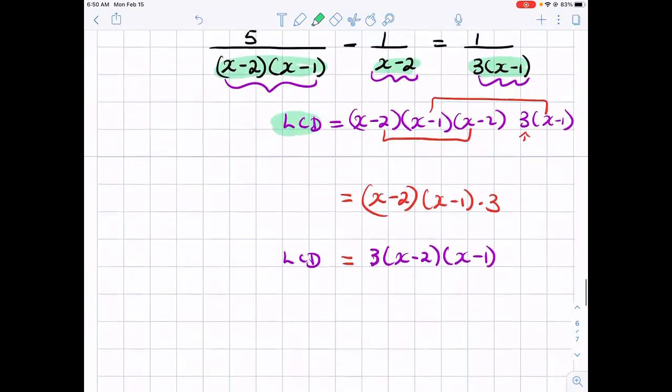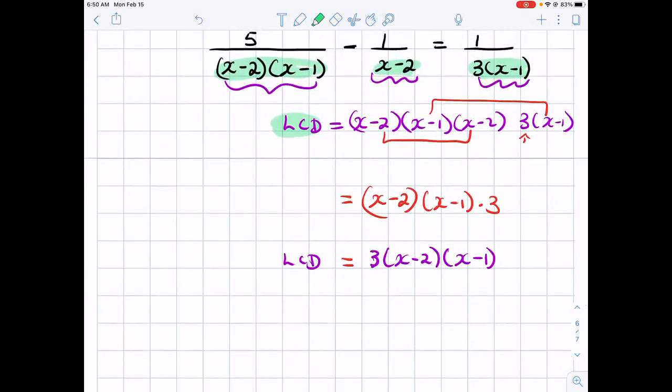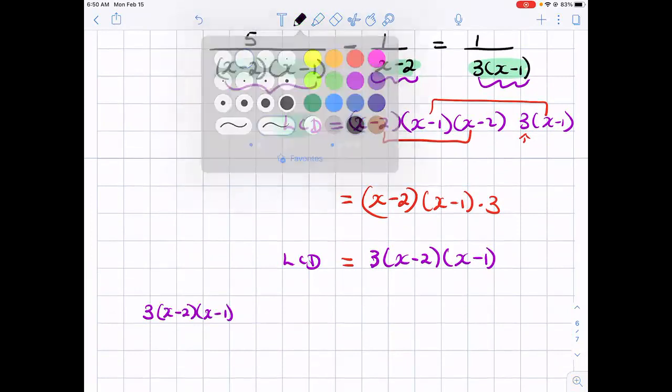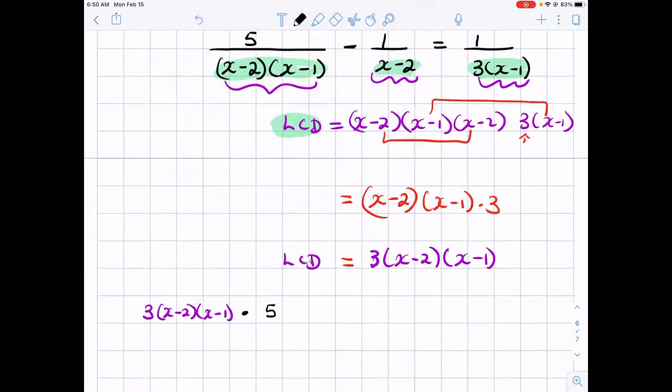So we'll multiply each one of our fractions by 3 times x minus 2 times x minus 1. I'm going to multiply that by the first, which is 5 over x minus 2 times x minus 1, minus, and I'll multiply again 3 times x minus 2 times x minus 1 by 1 over x minus 2.